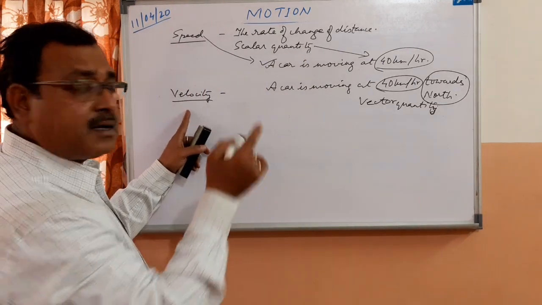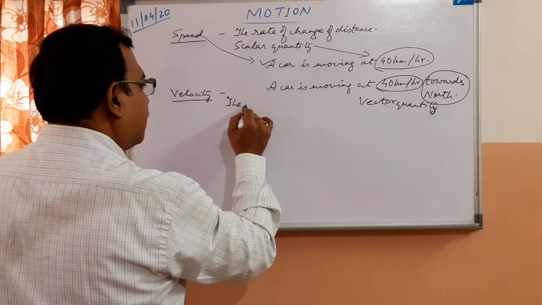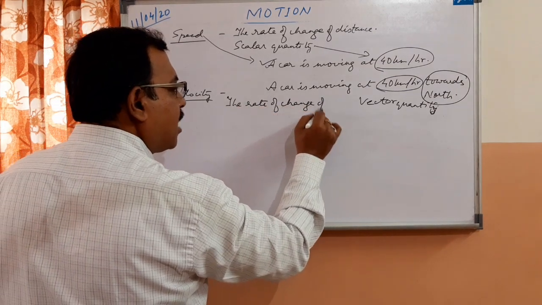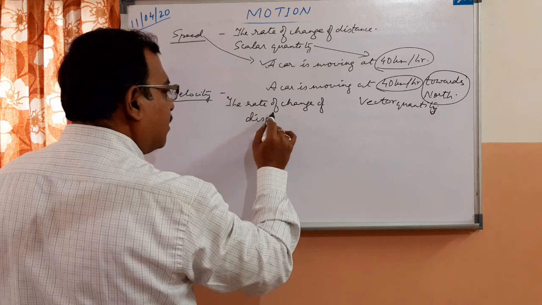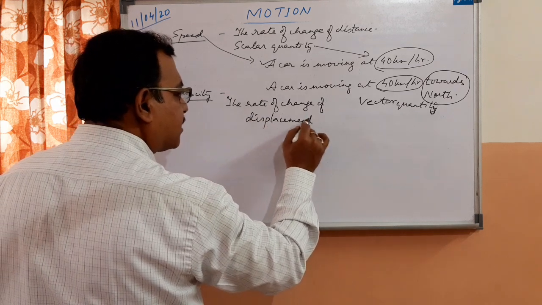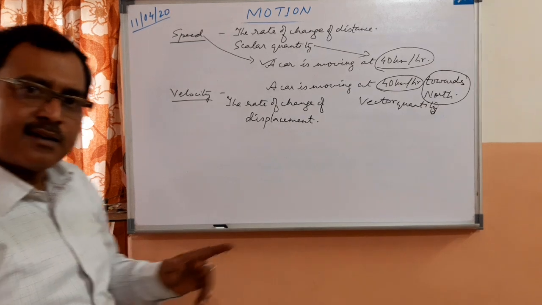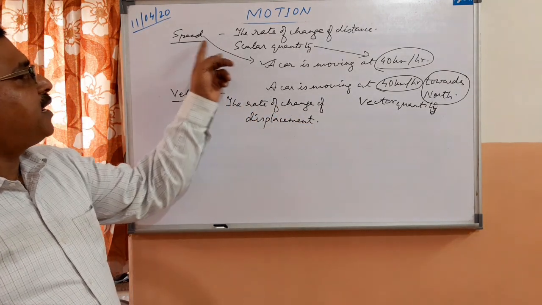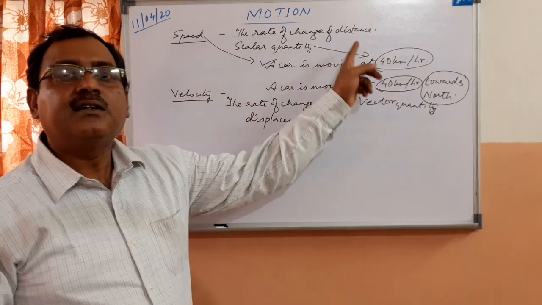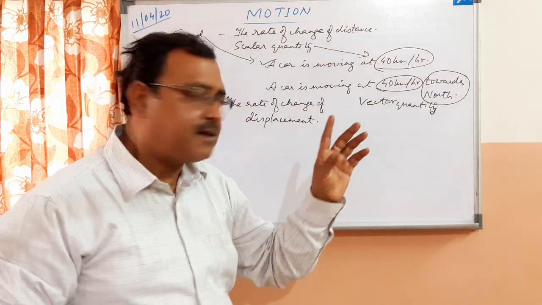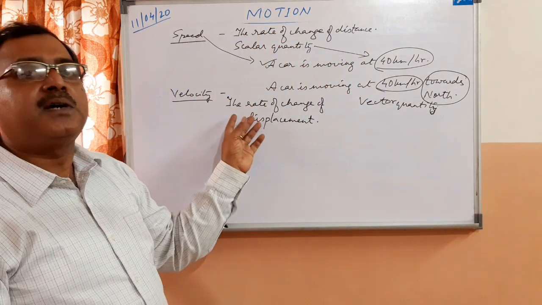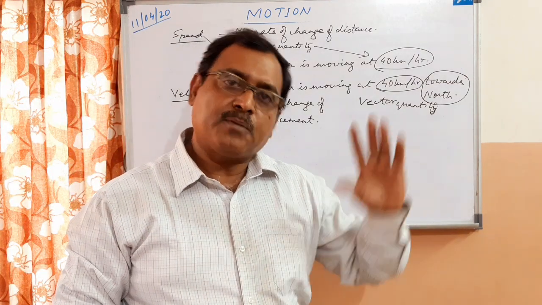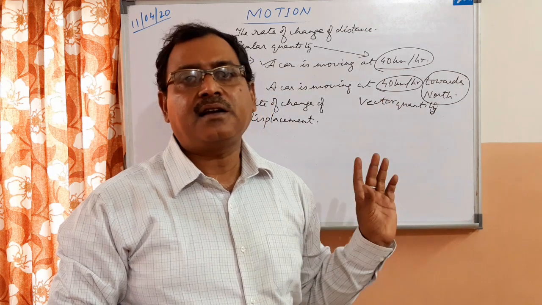So velocity can be defined as the rate of change of displacement. Clear? So velocity is the rate of change of displacement, whereas speed is the rate of change of distance. Clear, children? So this is the basic difference between speed and velocity. Just like you saw some difference between distance and displacement, this is also the basic difference between speed and velocity.